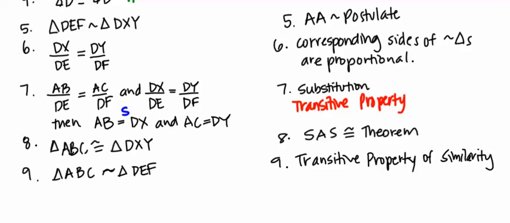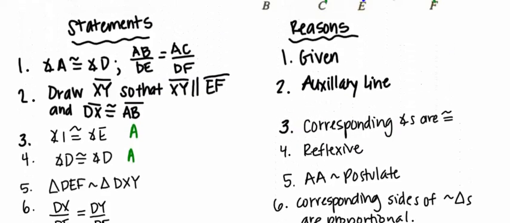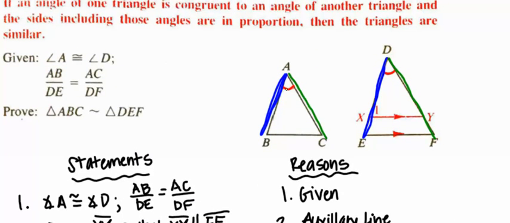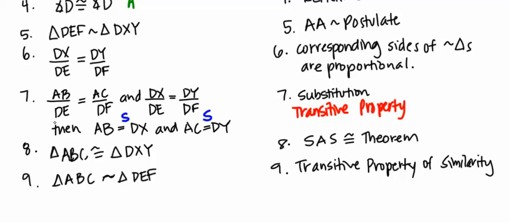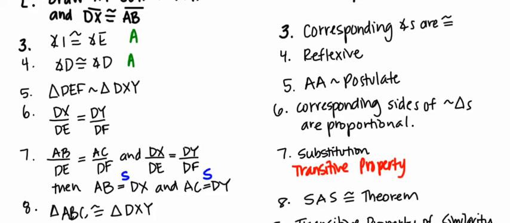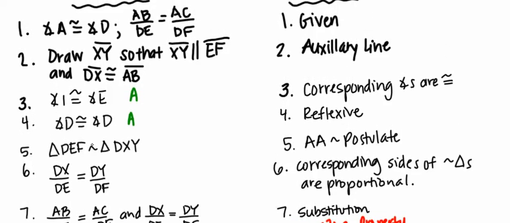Here's our side, and our angle. Triangle ABC is congruent to triangle DXY. A and D is going to be the angle between the two congruent sides. And now that these two triangles are congruent, we can substitute and say that triangle ABC is similar to triangle DEF.